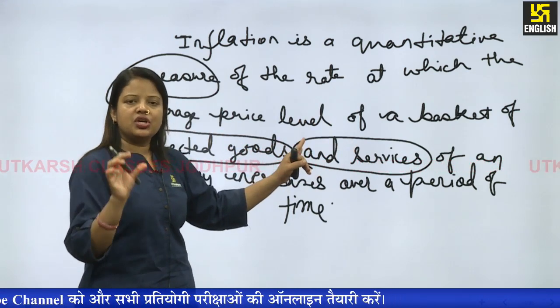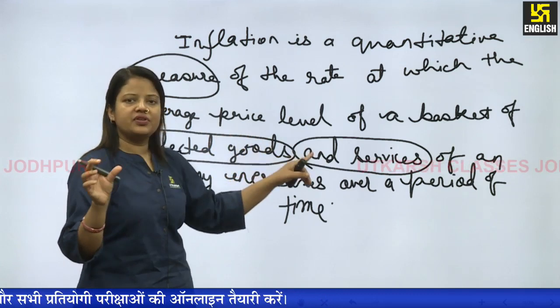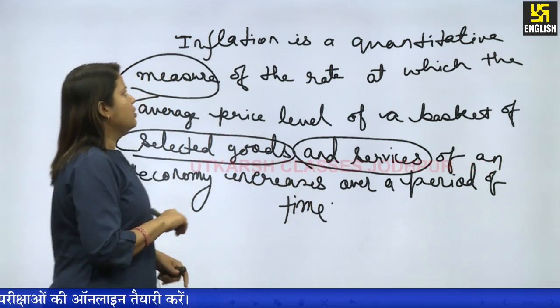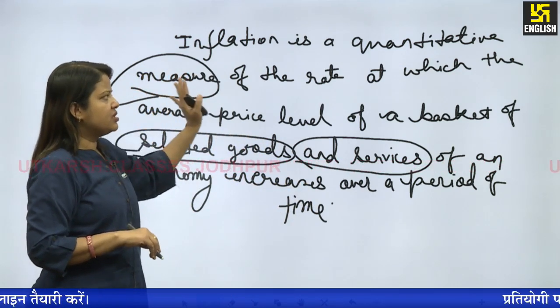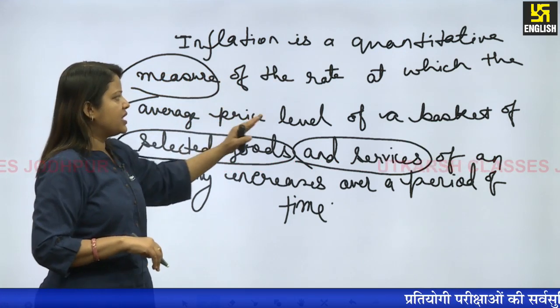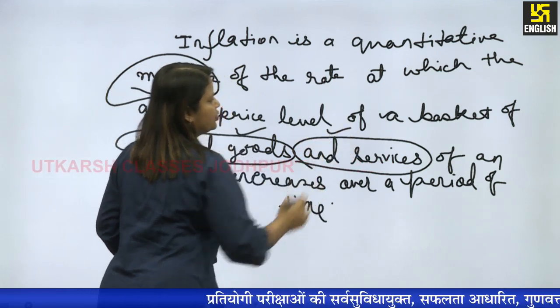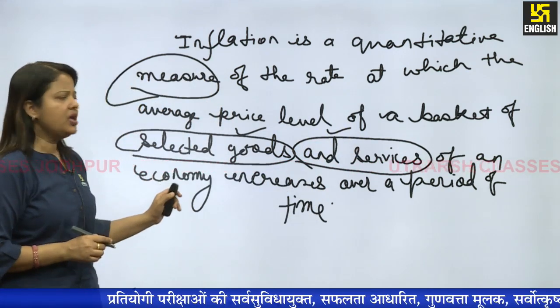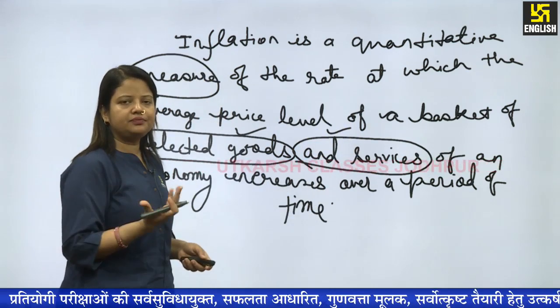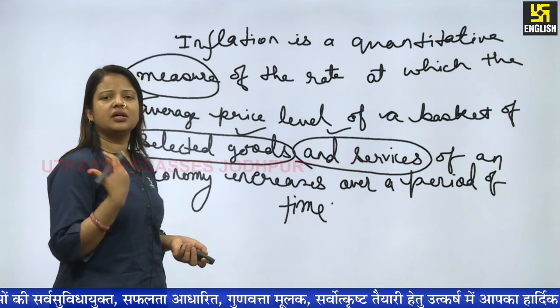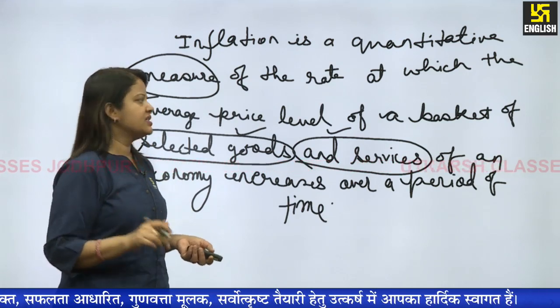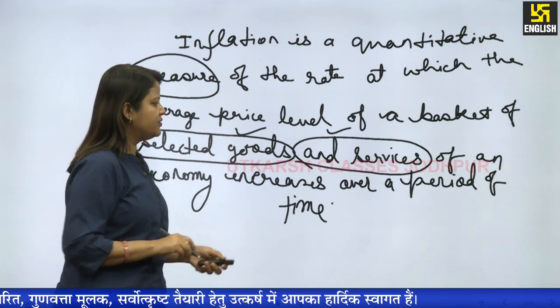We measure the change in price of goods and services, both of them. So inflation is the rate at which the average price level of a basket of goods and services of an economy increases. We are taking both goods and services because we measure our inflation from the consumer price index.